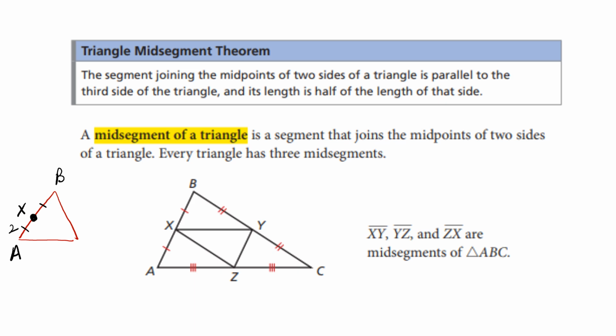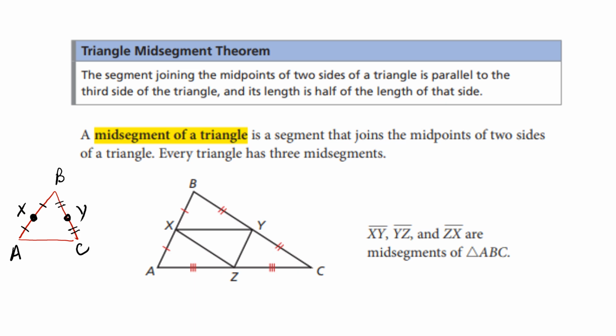Now let's suppose another thing, that Y is the midpoint of BC, which means that BY is equal to CY. So if this is 4 centimeter, this is also 4 centimeter.